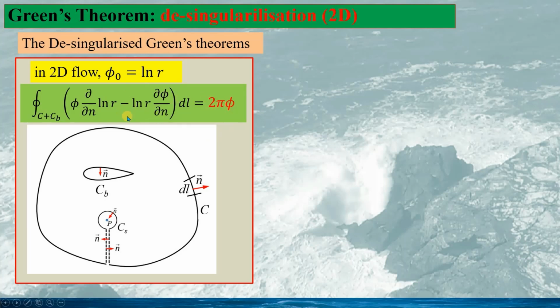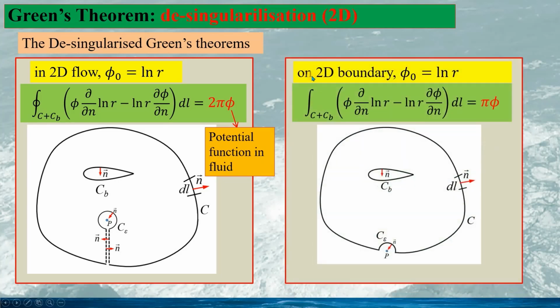So this is the equation for desingularization in the fluid, and the phi here is the potential in the fluid. And on the 2D boundary, the desingularization equation would be given as this. Here, the potential function phi is on the fluid boundary, see here.